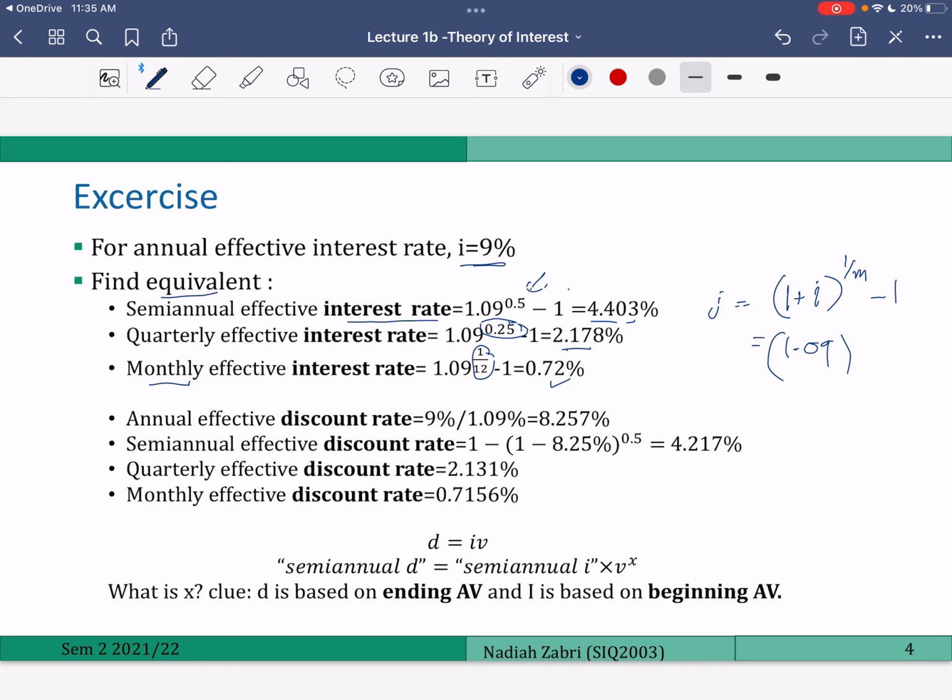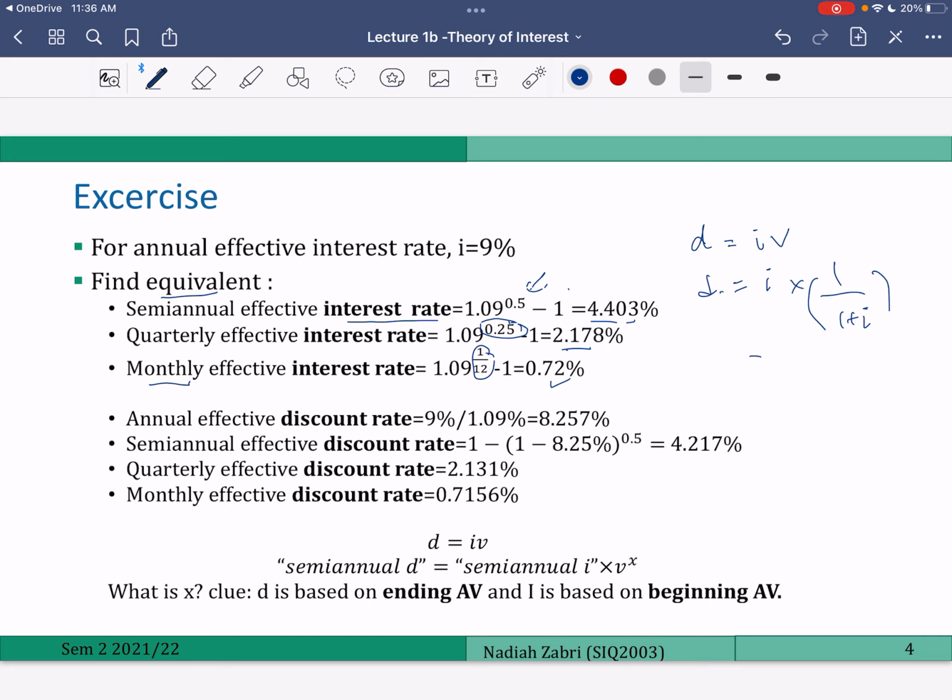Okay, so how about if you know I, you want to find the annual effective discount rate. Okay, this one I really hope you remember this relationship. D is equal to the discounted version of I, correct? So you can write it as D is equal to I times 1 over 1 plus I. V is 1 over 1 plus I. Okay, remember?